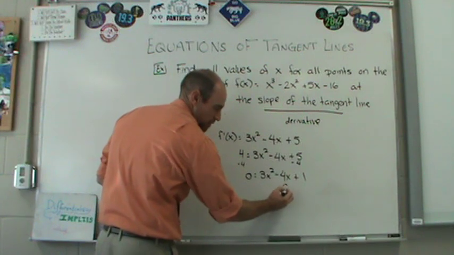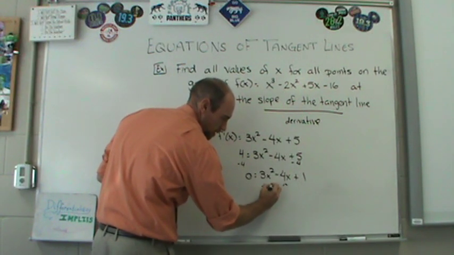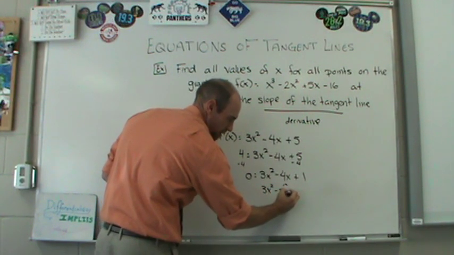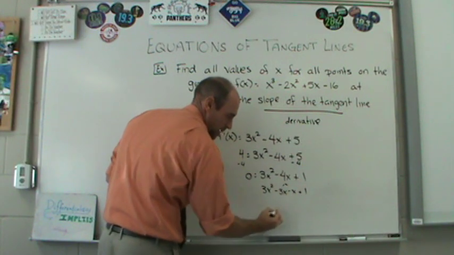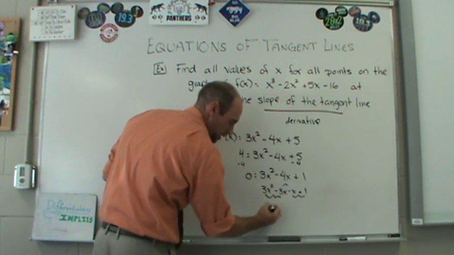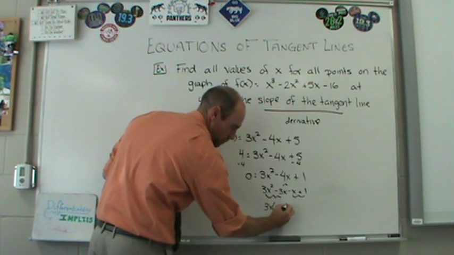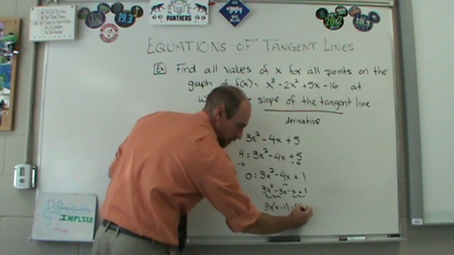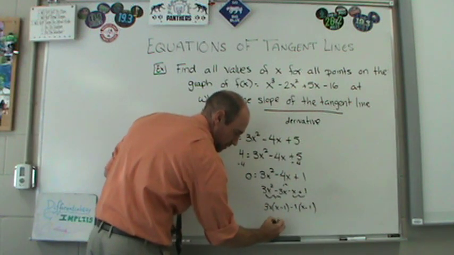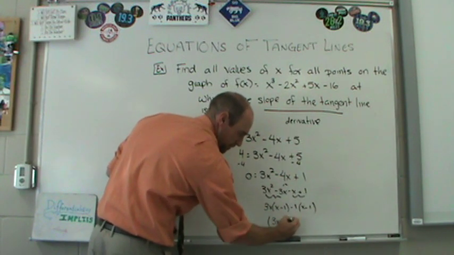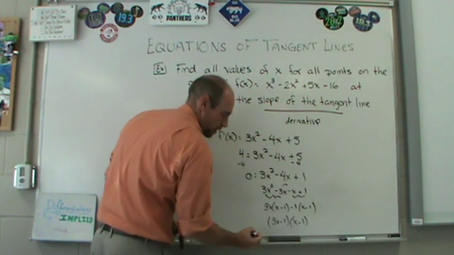This breaks into negative 3x and minus 1x. Then I can factor by grouping. I take out 3x, x minus 1. I take out a negative 1, x minus 1. And this factors to 3x minus 1 times x minus 1.